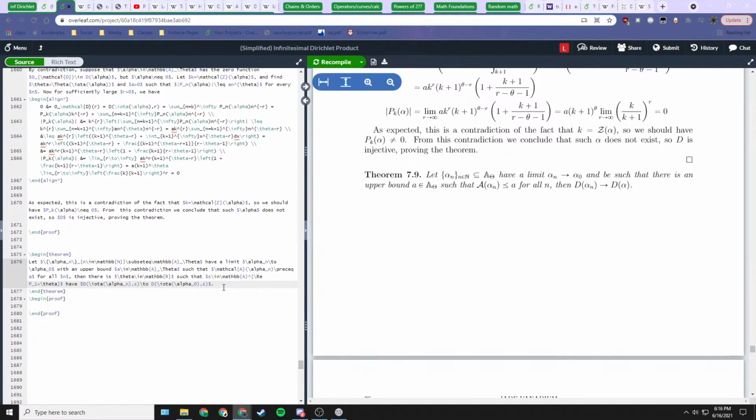This proof theoretically should be really easy. It's basically just dominated convergence, with the limit alpha n going to alpha 0 and an upper bound.